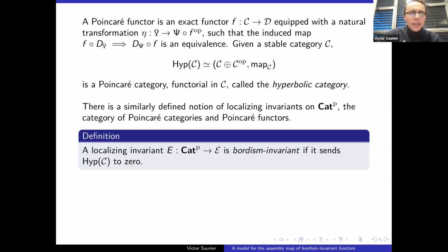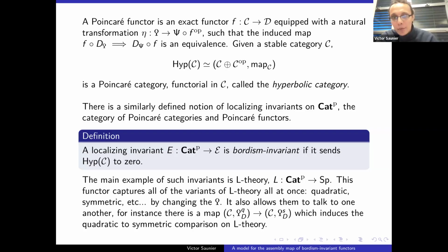And I would like to forget about the fact that they have stable categories in there. So I'm going to ask my localizing invariant to be bordism invariant, if it kills all of those hyperbolic guys. The reason for the name, I don't really have time to explain. So in a way, a localizing invariant that's bordism invariant is something that cares not fully, but almost exclusively about the kappa.